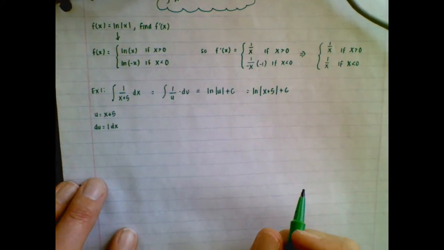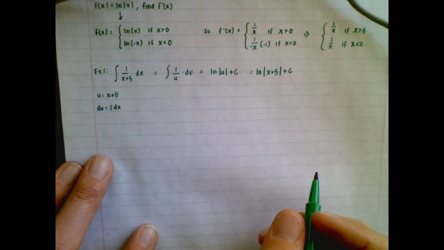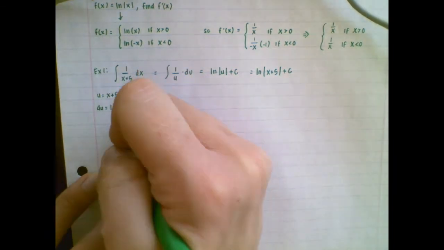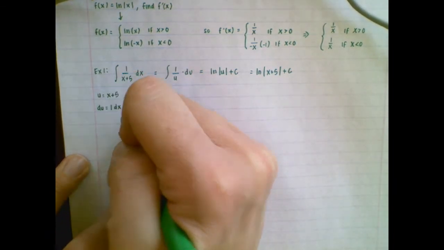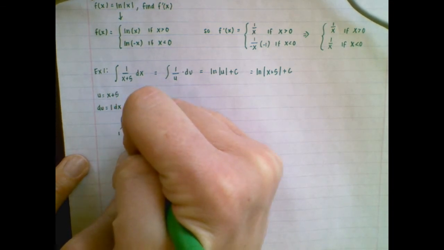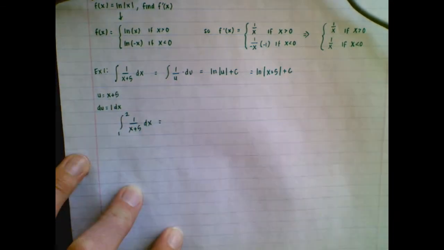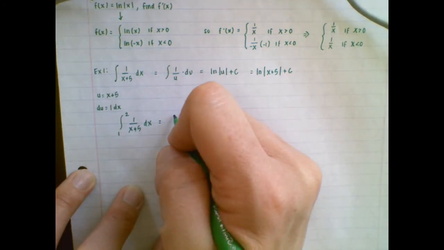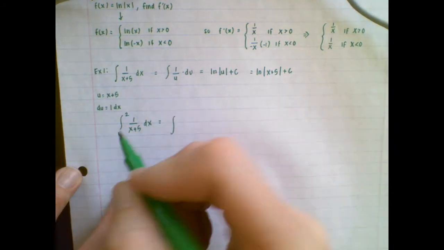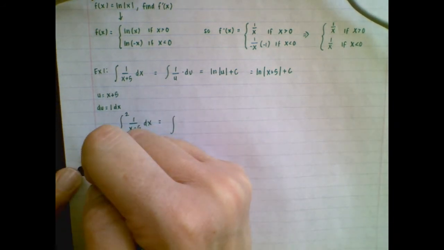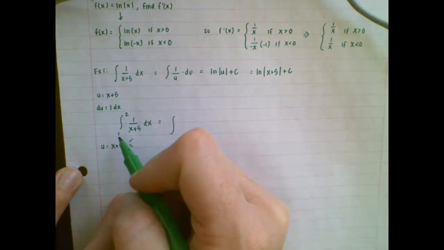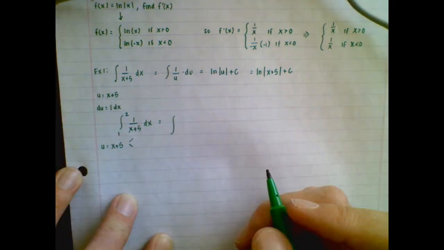Well, what if I wanted to make that into a definite integral? So say I put some values on my integral. So let's say this was from 1 to 2 of 1 over x plus 5 dx. So my u substitution is still going to look the same, but remember that when we're doing the u substitution and we have some values here, I'm going to go back over to the u is equal to x plus 5, and I'm going to go ahead and change my starting value, my ending value on my integral.